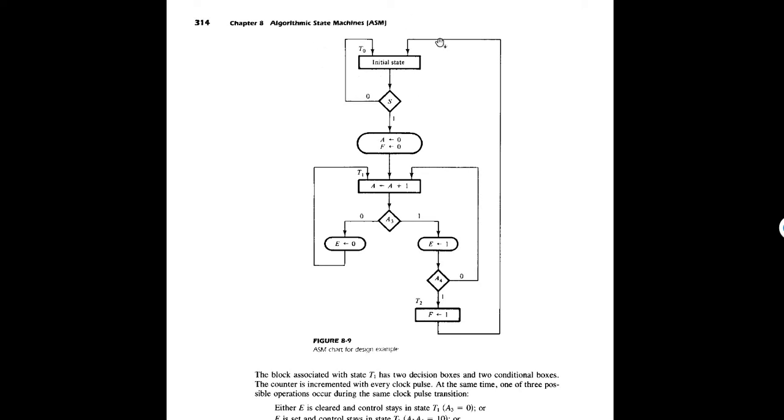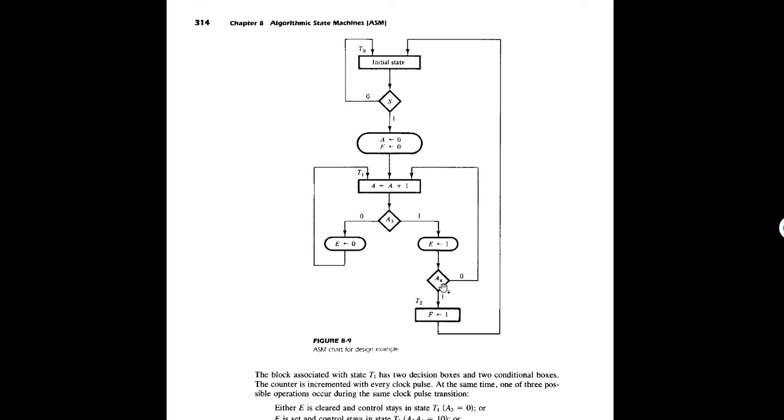This is a different circuit because it is talking about the initial state and going back to the initial state again. That's why this ASM block associated with state T0 is unique to this chart.